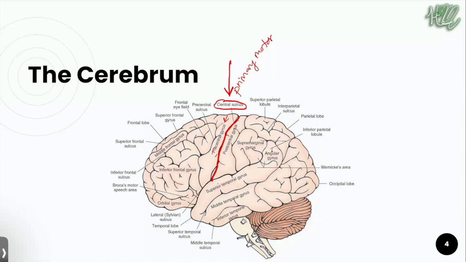So our primary motor cortex is area 4, and our premotor cortex makes up part of our precentral gyrus and most of this area of our brain here. That's our premotor cortex.